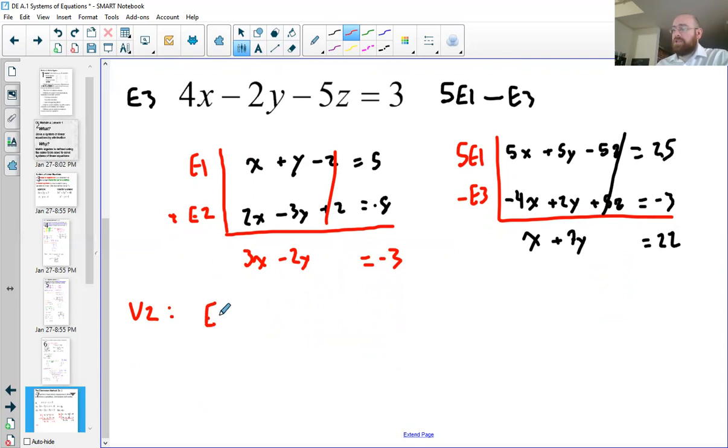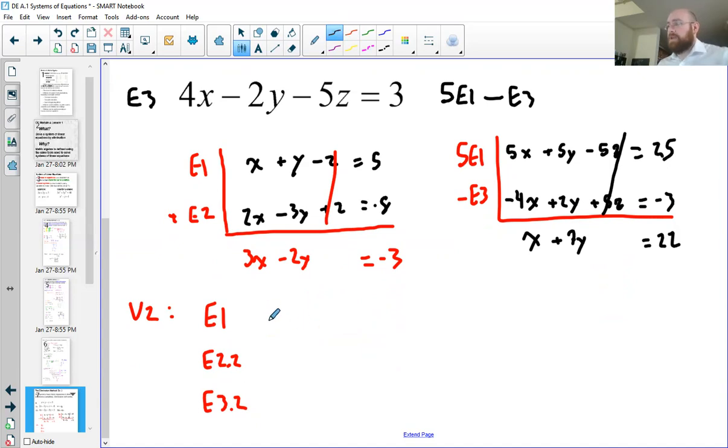We have our first equation, which has not been changed. However, we have changed our second equation. So I'm going to call this equation 2.2. And then our third equation, I'm going to call equation 3.2.